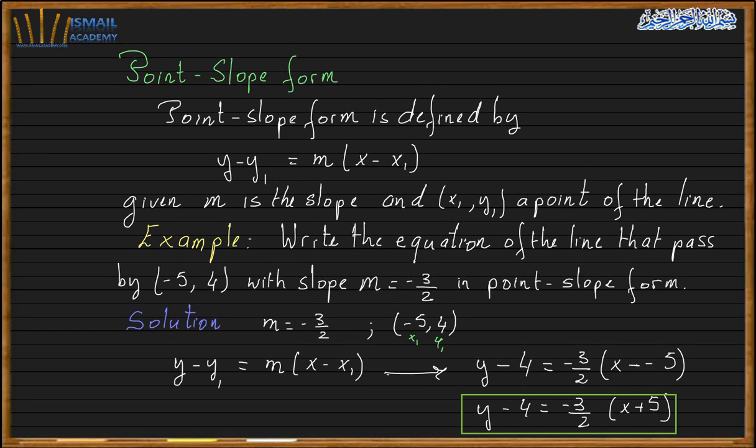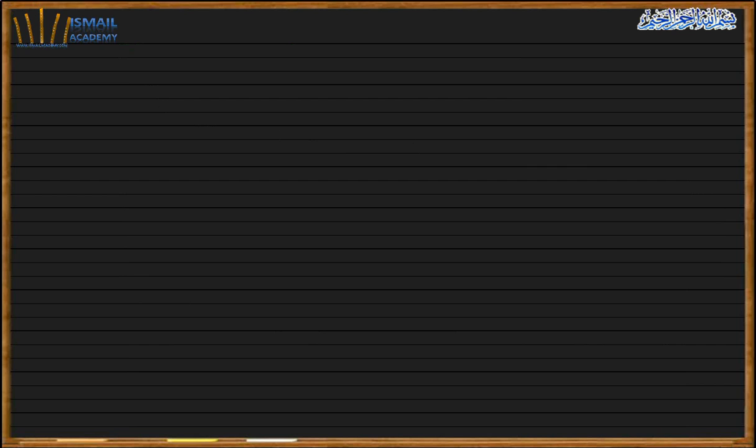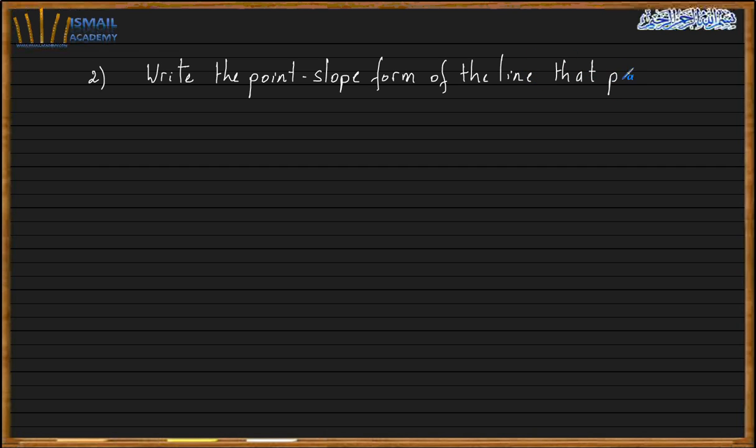So let me give you another example. They ask me to write the equation of the line that passes by the following points: minus 5, 3 and 4, 9.